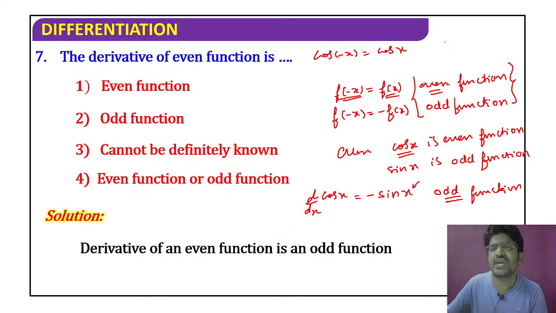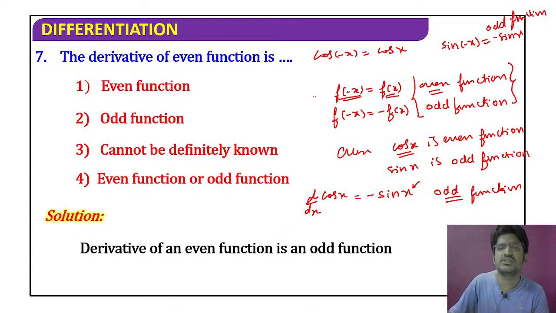In the same way, sin of minus x is equal to minus sin x. So that's why it is called odd function. Because these two are the definitions of even and odd function. f of minus x is f of x, that is even function. f of minus x is minus f of x, that is odd function.